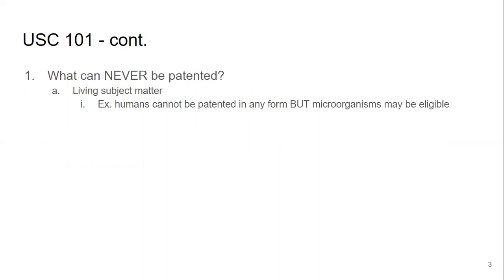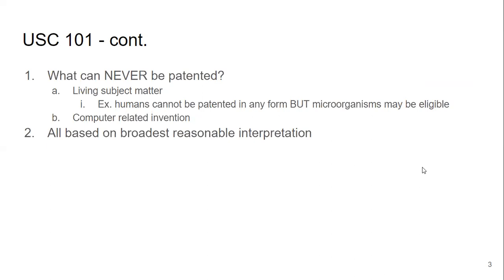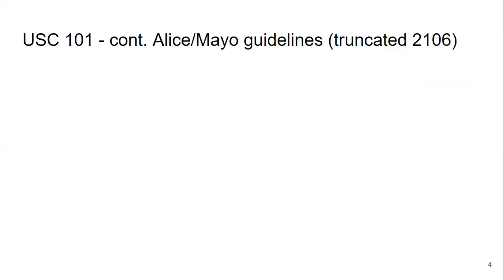Those are eligible because a lot of times they are engineered and modified in some way, versus an embryo or fetus, which is not going to be something that can be patented. A computer-related invention also cannot be patented unless there are more specificities that we'll come to. And it's all based on the broadest reasonable interpretation.